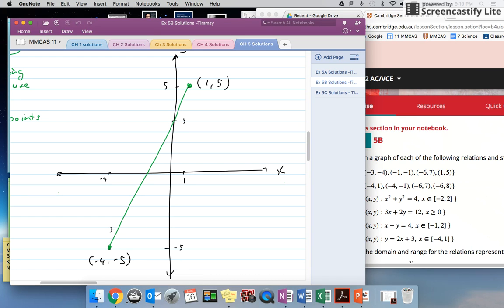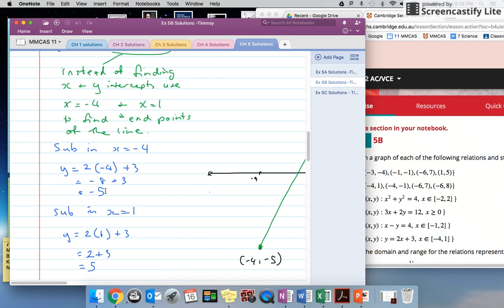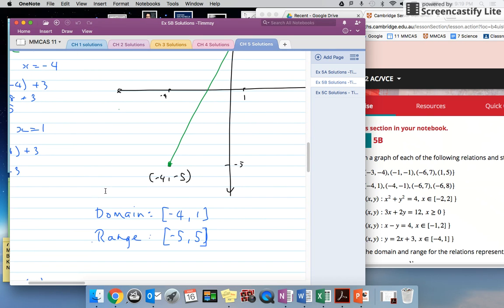So my domain is going to be from here, which is -4, across to here, which is 1. So there's my domain. My x values only go between -4 and 1. My y is my range. So my range is only going between -5 and +5. So I've got my domain and range. There they are under there, and it included those points.